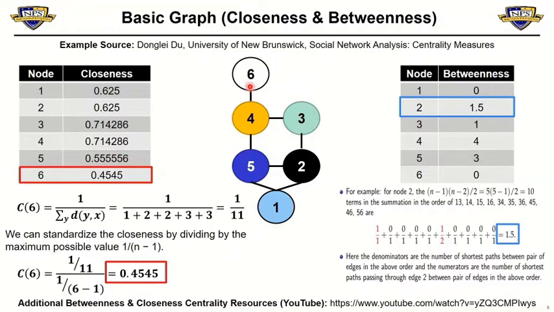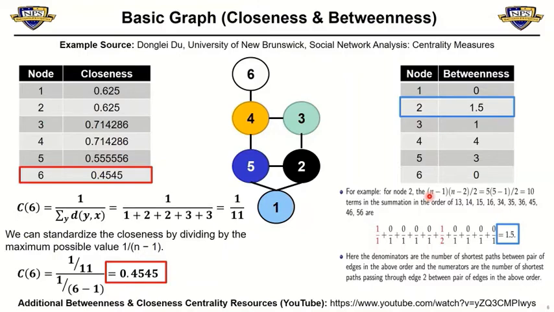And the same thing to go to node 2 and node 1 is 3 each. Now we can standardize this value by multiplying by the number of nodes minus 1. So it's 1 divided by 11, divided by 1 over the number of nodes minus 1, so 1 divided by 11 divided by 1 over 6 minus 1, which equals 0.4545.